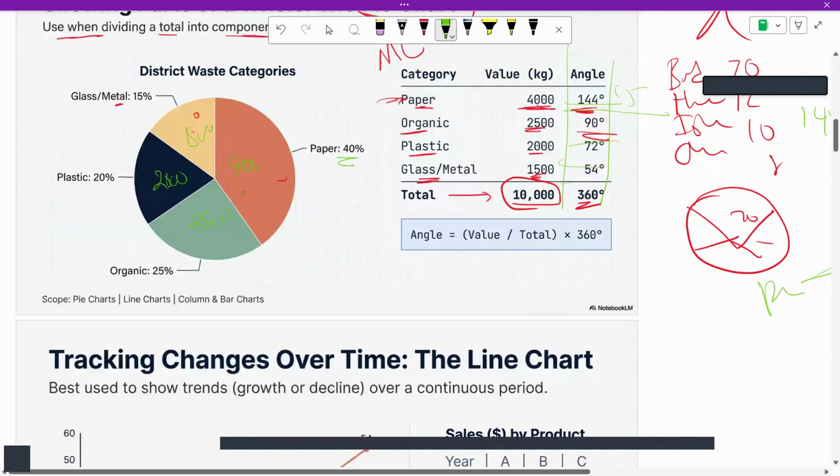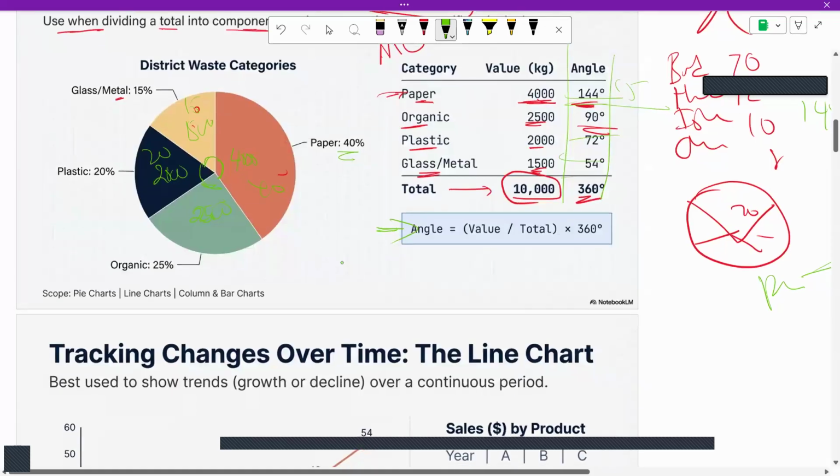Or you can put the percentage: 40%, 25%, 20%, or 15%, whatsoever. But a very important aspect of drawing this pie chart is to determine their angle. The angle is very important. This is the formula to calculate the angle. Anything to ask? Is it clear?